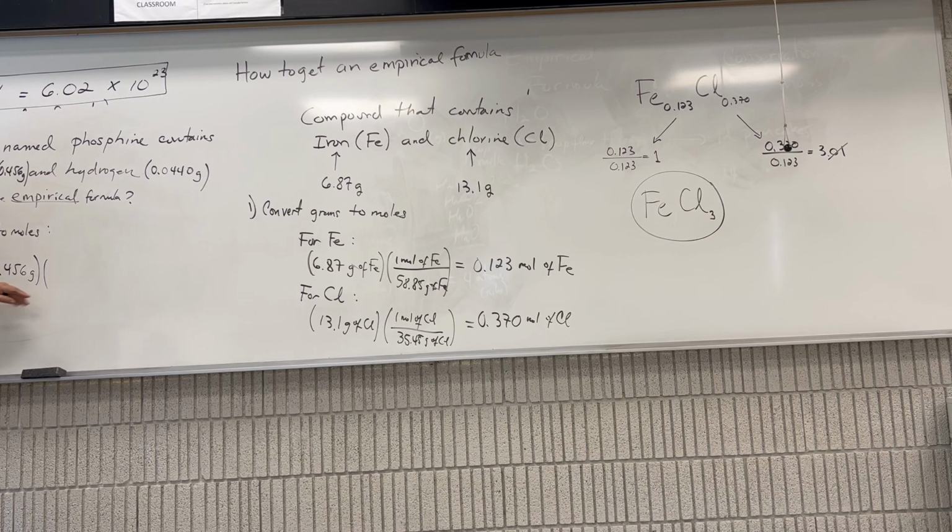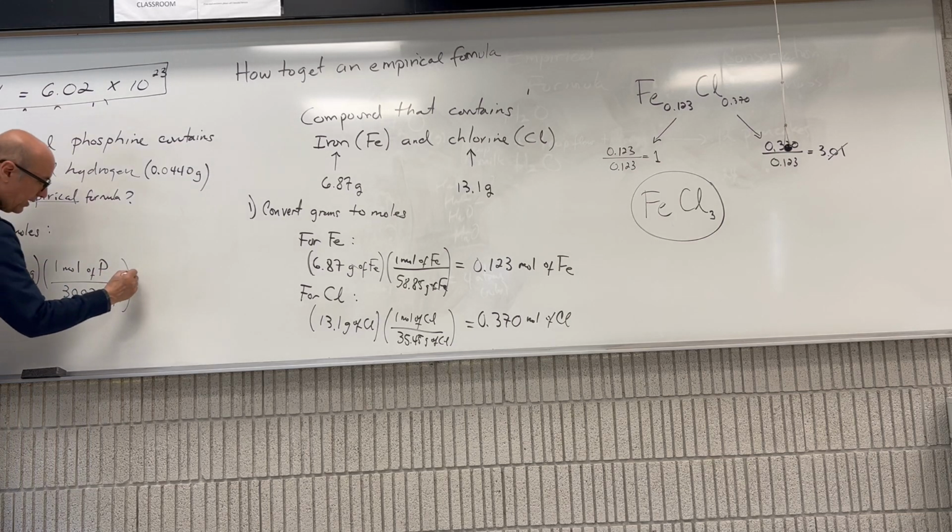And to go to moles, we need the molar mass of phosphorus. So we get that from the periodic table. 30.97. The book is using that, Jerry? Yes, 30.97. Okay. So we're going to say 1 mole of P is 30.97 g of P from the periodic table. And we're going to get an answer.